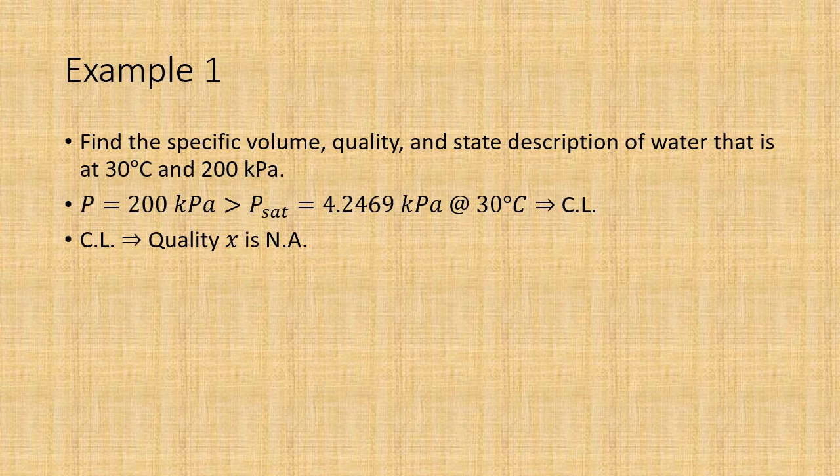For our purposes, we assume the specific volume of compressed liquid, v, to be approximately equal to vf. To find vf, we go back to the temperature table and look across the row containing 30 degrees Celsius.